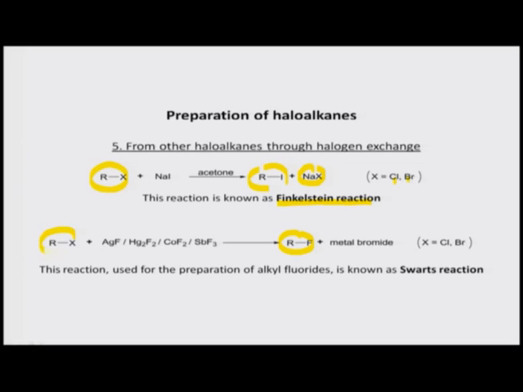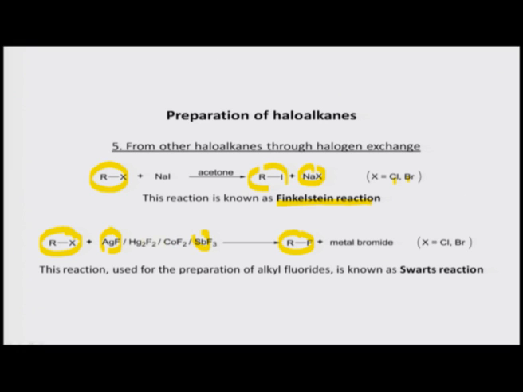Using a rather parallel method, we could also make fluoroalkanes starting from chloroalkanes or bromoalkanes. In this case, we use certain metal salts of fluorine where the metal has a better affinity for chlorine and bromine. Such examples include silver, mercury, cobalt or antimony.